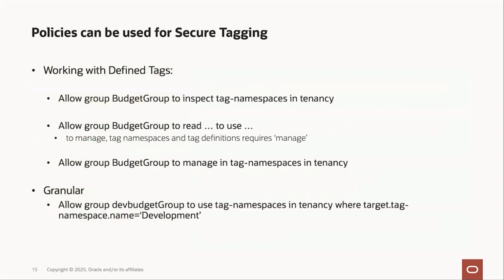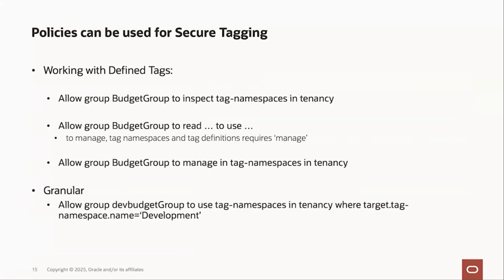So I mentioned earlier policies need to be secured in order to use your defined tags. So when working with defined tags, we've put some examples of what these policies would look like. What I want to point out is that the subject of these policies for defined tags is all tag namespaces, and that is how tag namespaces help secure access for your tags and your employees.